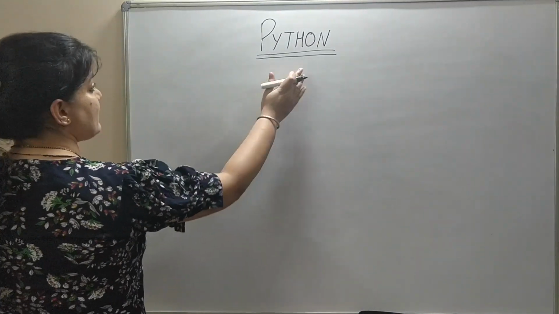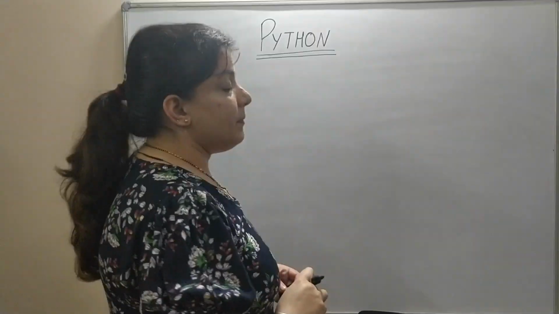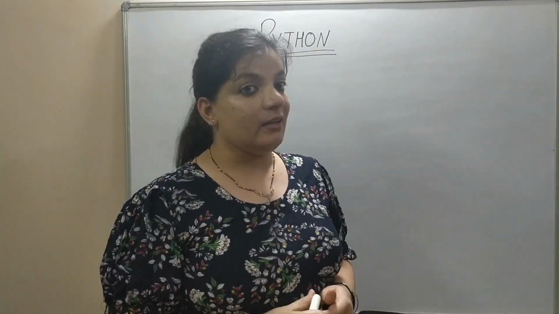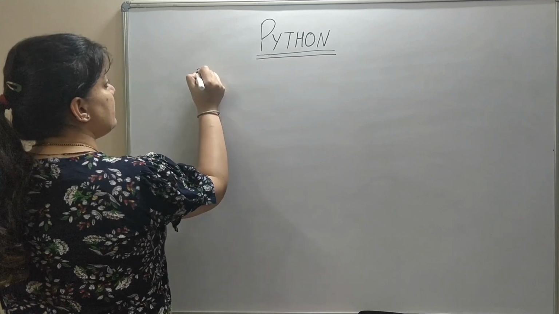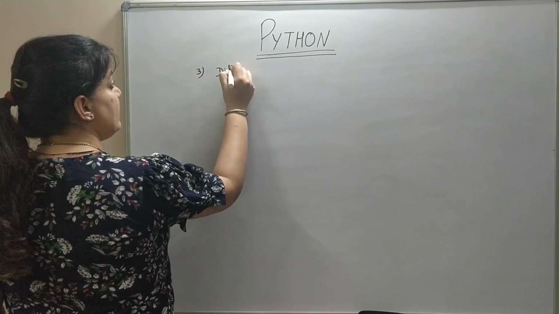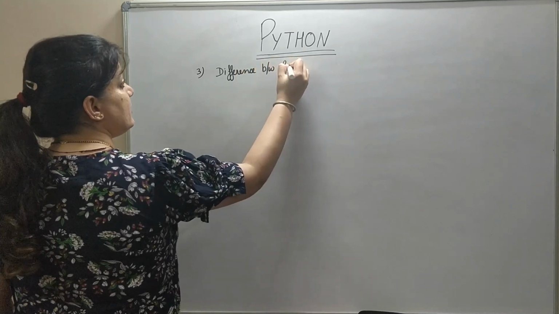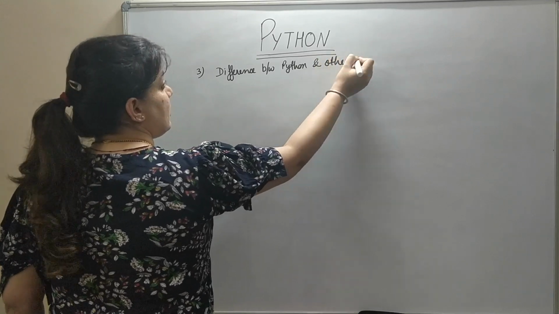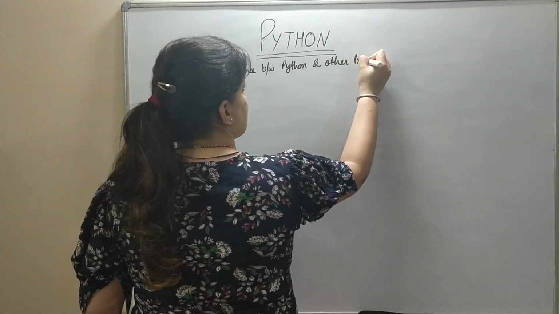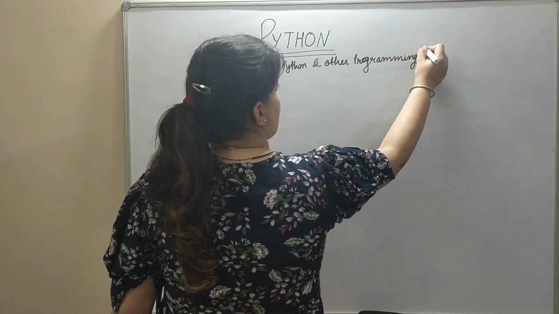The same example I am taking here, and I am taking the example of the programming languages C and Python, so that you can understand the difference between them. The third topic is the difference between Python and other programming languages.